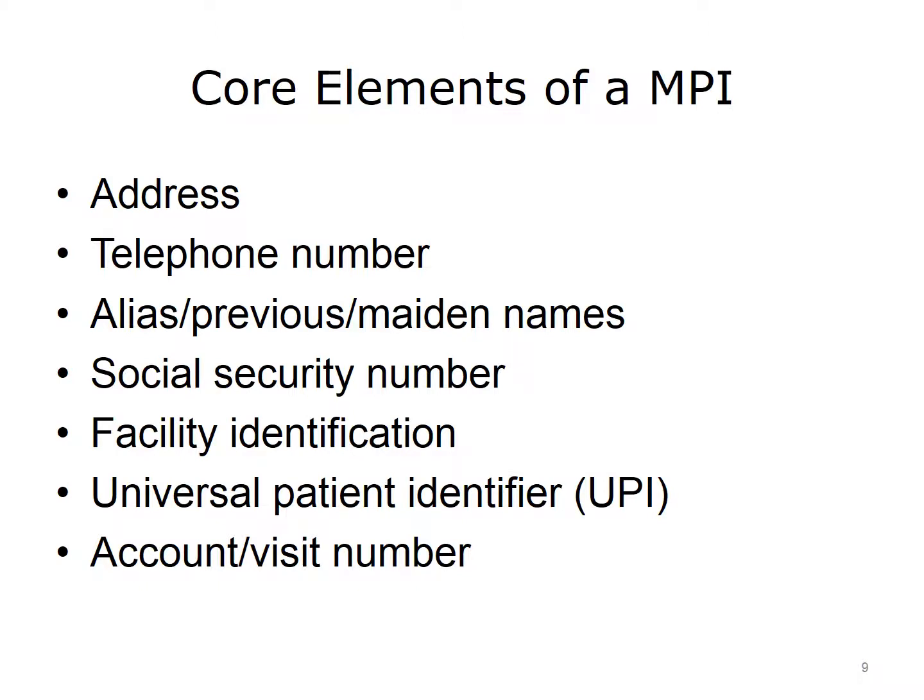Legal name of patient or person, including surname, given name, middle name or initial, suffixes, for example, junior, fourth, and prefixes, for example, father, doctor. Date of birth, year, month, and day of birth, for example, YYYY/MM/DD. Gender, for example, male, female, unknown, or undetermined.